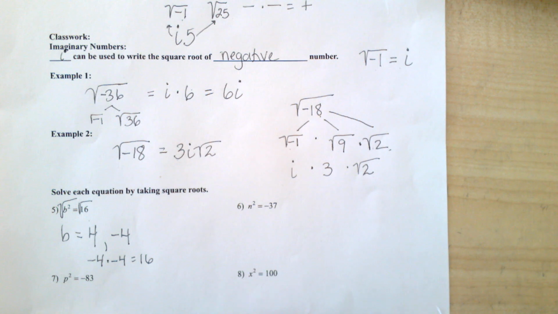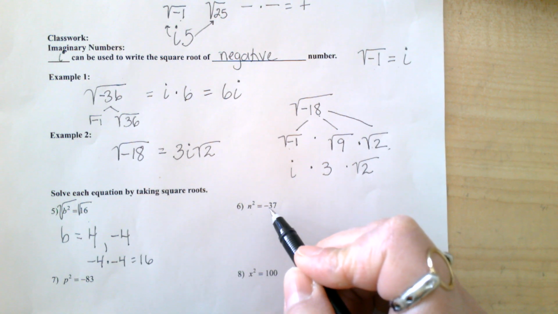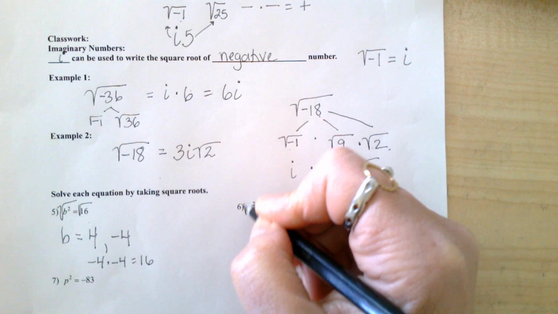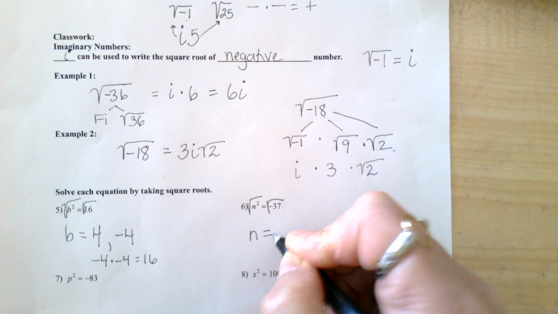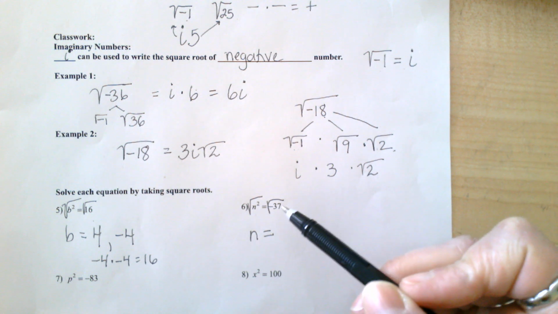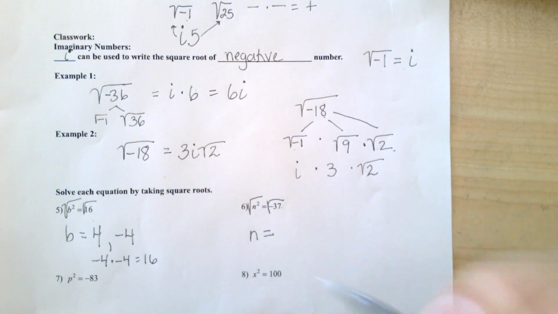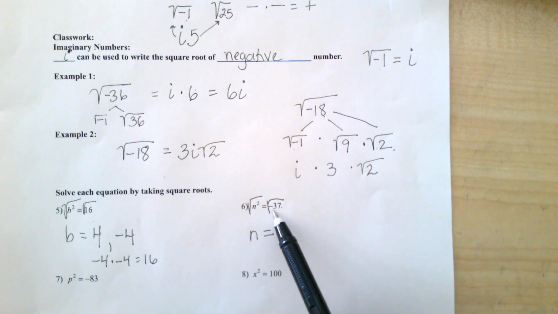Okay, what's next? n squared equals -37. So we're going to take the square root, and n equals, is 37 a perfect square? Nope. Can we find a large perfect square that we can divide 37 by? I don't think so. It's also negative.